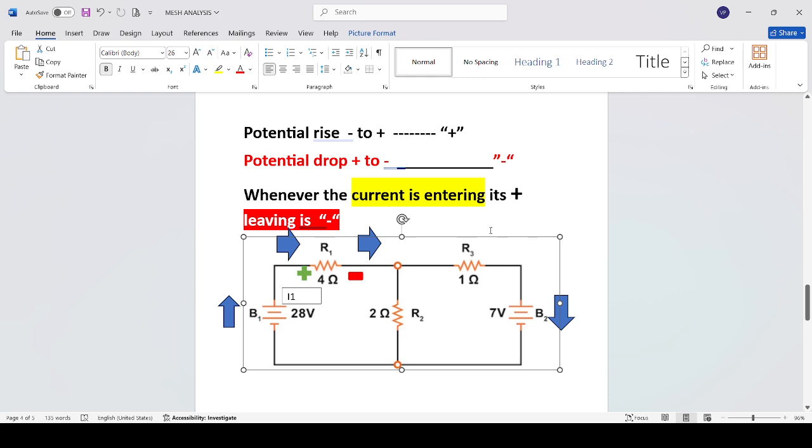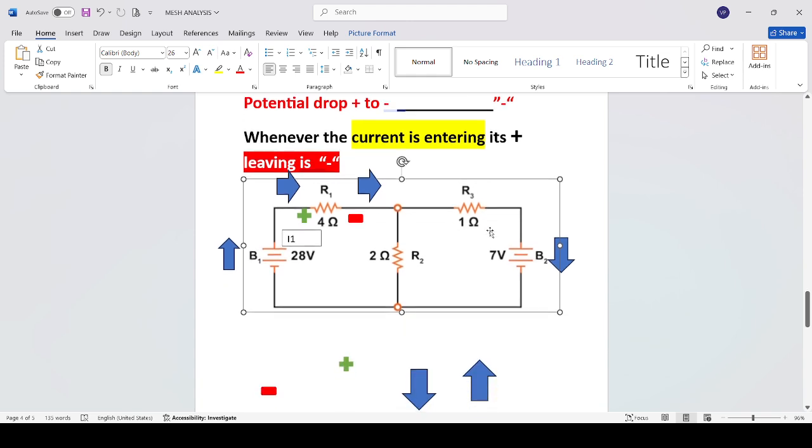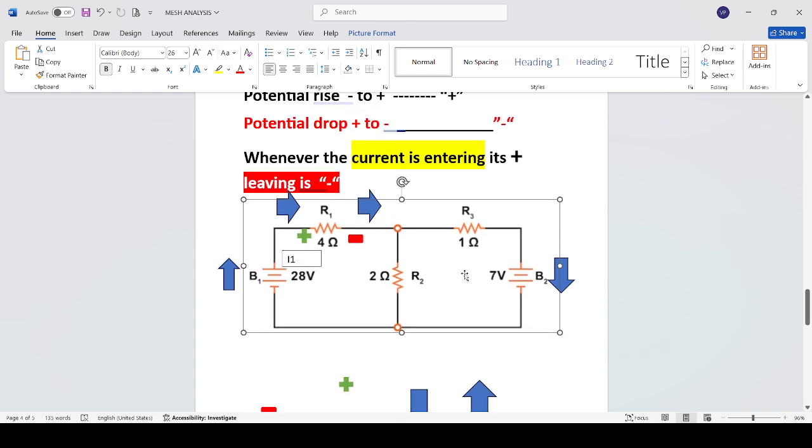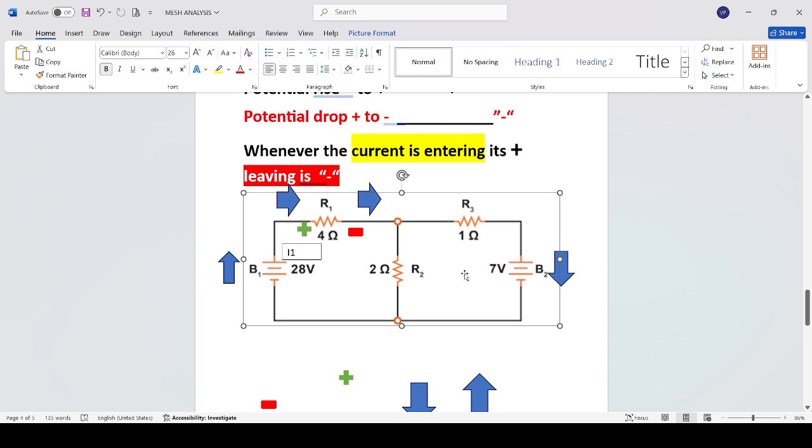Okay, now we will go to a circuit and we will try to solve the mesh analysis problem. We will use this basic circuit itself to solve this problem.